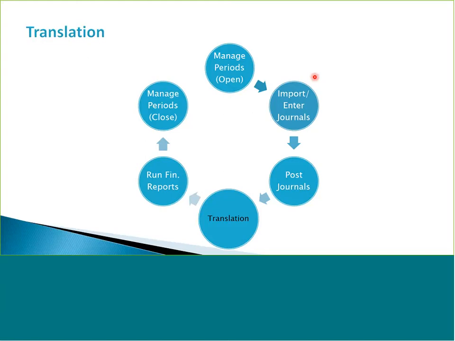Okay, so we know about the monthly cycle for GL, where we do things like managing periods, we open periods, we review the journals, then we post them, and then we run reports, and then we close the periods, right? So if we are doing translation, how does the process of translation fall into place within this monthly cycle?